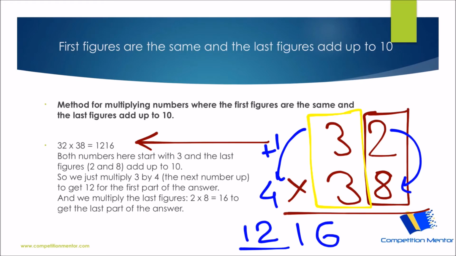See how simple it becomes when the first digit is the same and the last digits add up to 10. If you correlate this with the previous example, it is kind of the same thing. If you do 25 square, 25 into 25, the last digits add up to 10 and the 2 and 2 remain the same, which is the same logic I have used here. I hope this logic is clear.